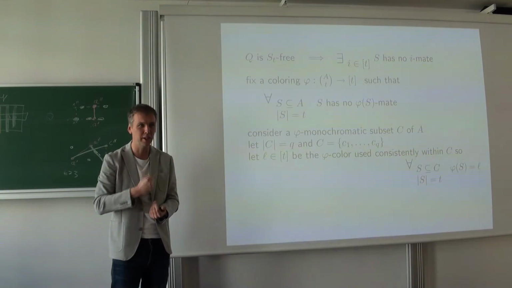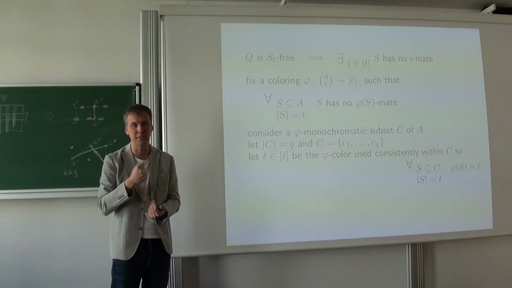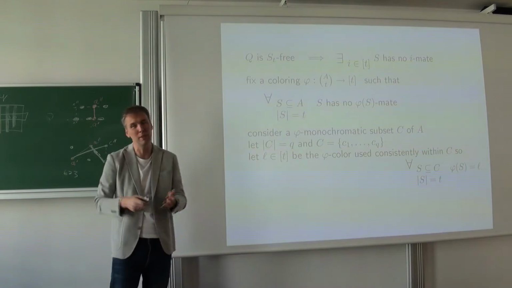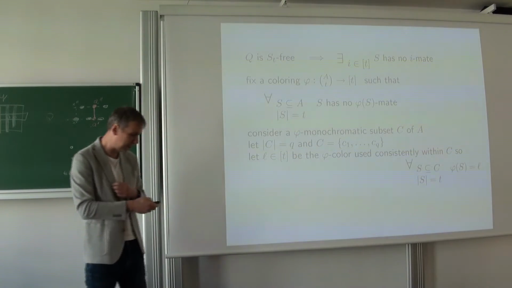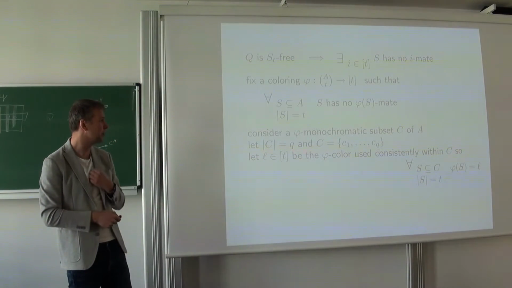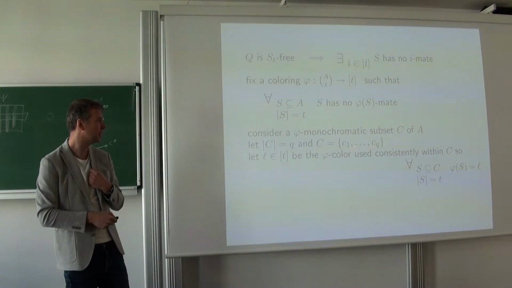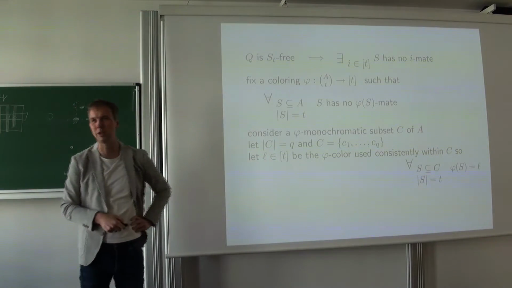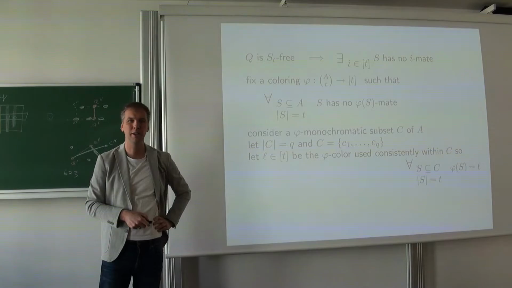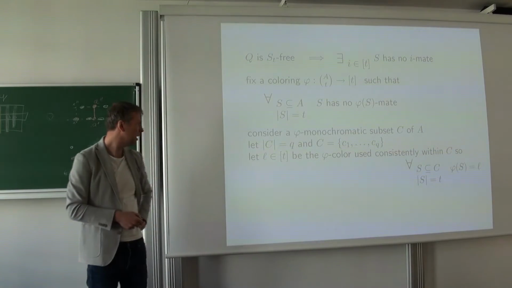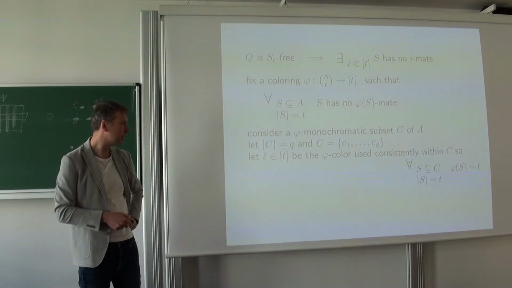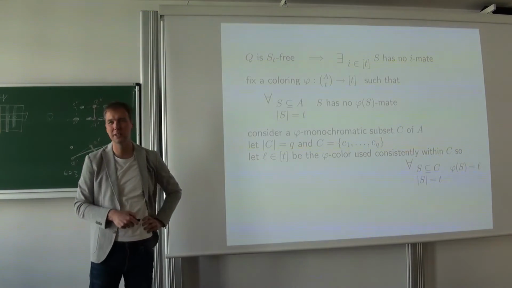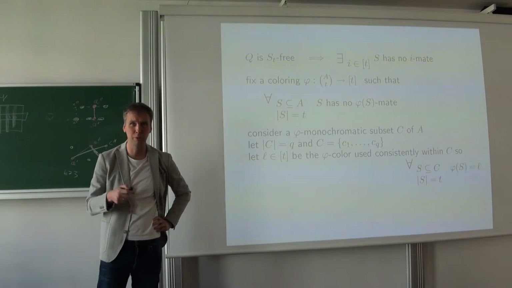Let's consider a monochromatic subset C of A. What do I mean by monochromatic? Say that C has Q elements, and every T subset of C has the same color under my coloring. The same color will be called L. L is the color, a value between 1 and T.